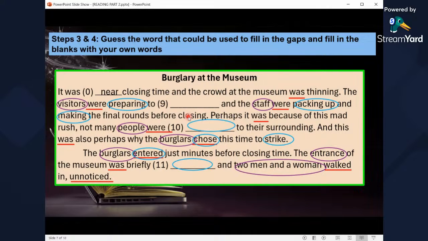So for number 9, what do you think the best answer would be? Anyone want to share? Anyone wants to share what the answer for number 9 do you think would be? Leave, okay? All right, some guys say leave, thank you. Anyone else?